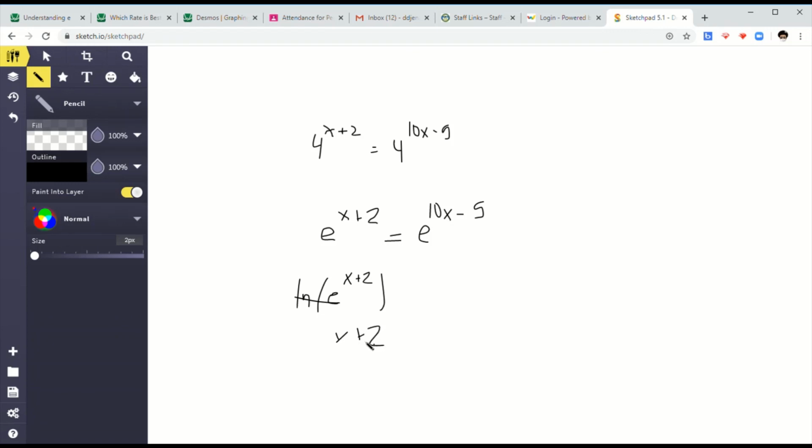But I don't think Khan Academy has you do problems where you're using E and natural log to cancel things out.